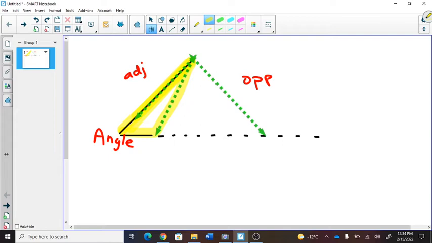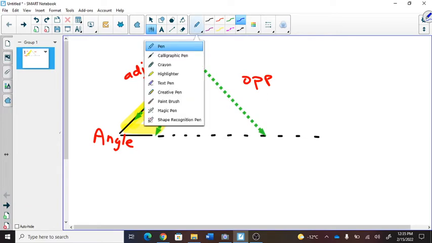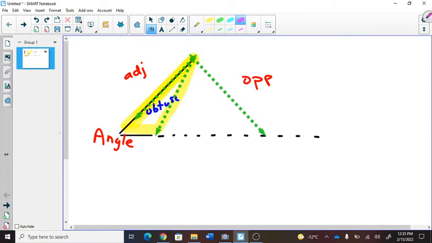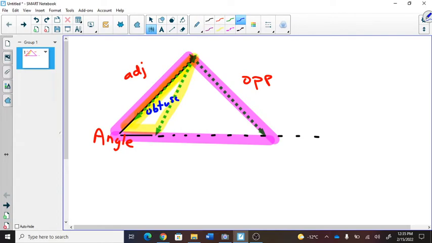Okay, it is the obtuse. Right, that's an obtuse triangle. Okay, and then there's another version I could have done. So that's the other triangle that could have formed. Do you see it? And then I'll call that one the acute one.